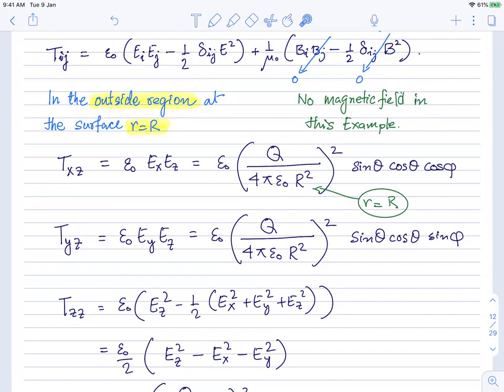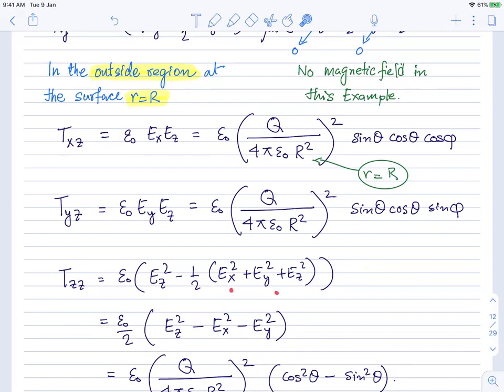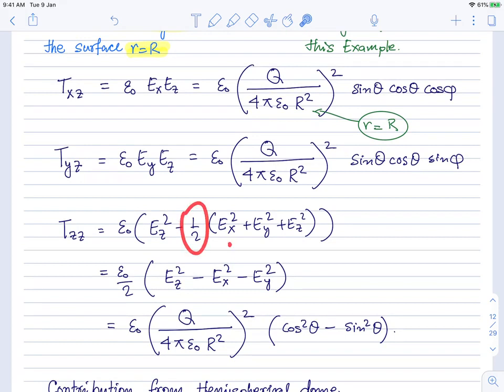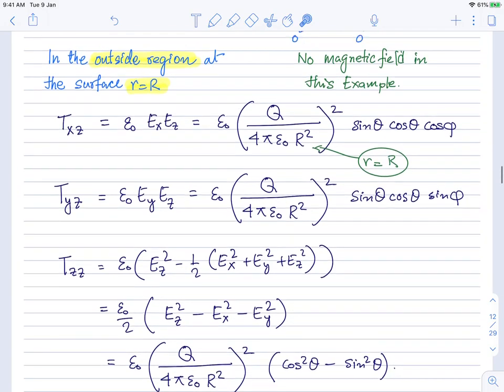So I can write this as Ex square plus Ey square plus Ez square, because this is the E vector square. Because there is a factor of half, this Ez square will reduce this, and we can pull the factor of half outside. So Ez square will appear with the plus sign, whereas Ex square and Ey square will appear with the minus sign. Okay, that's the algebraic manipulation.